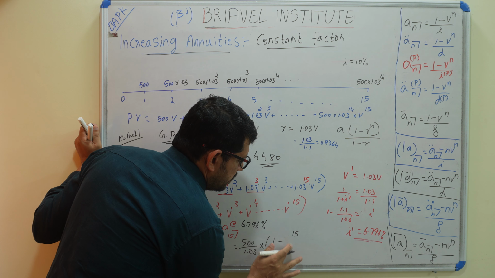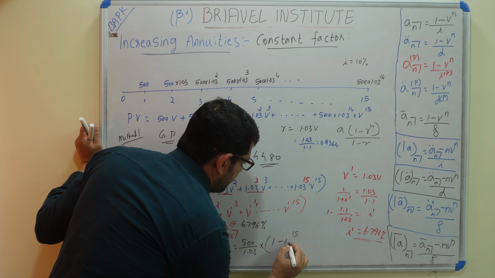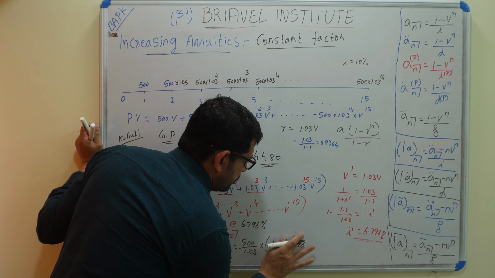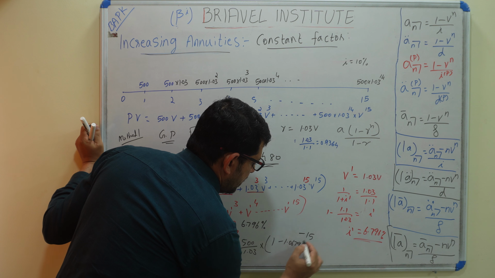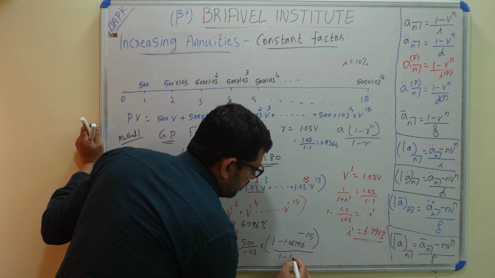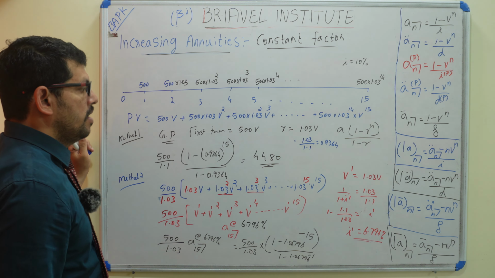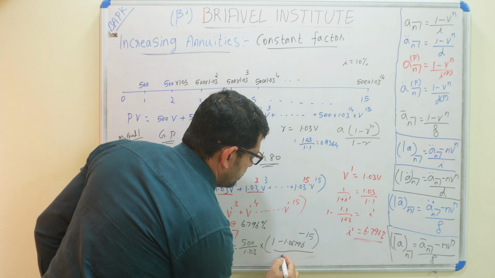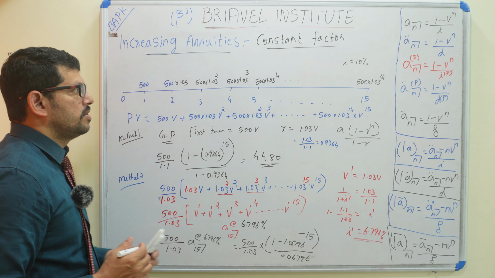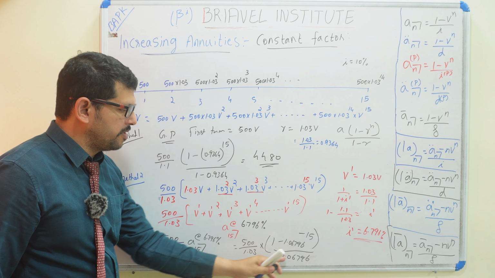So we have to use 1 divided by 1.06796, all raised to minus 15, divided by 1.06796 minus 1, that is 0.06796. So this formula you can apply: 1 minus V raised to N divided by I.